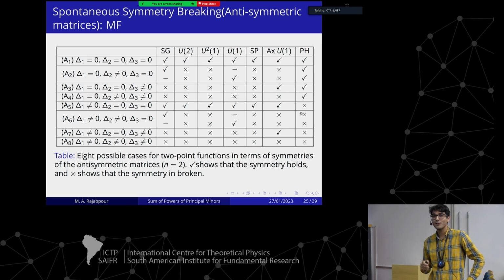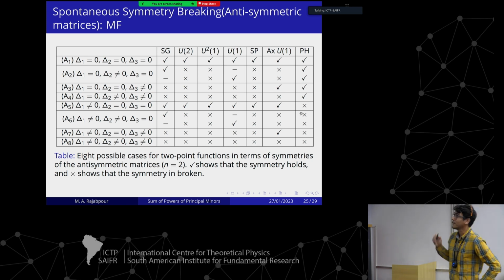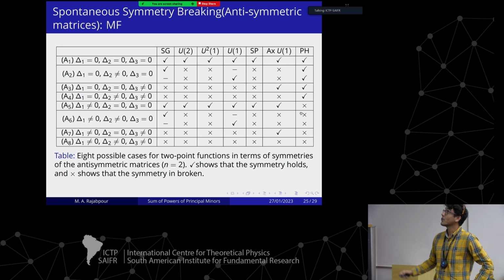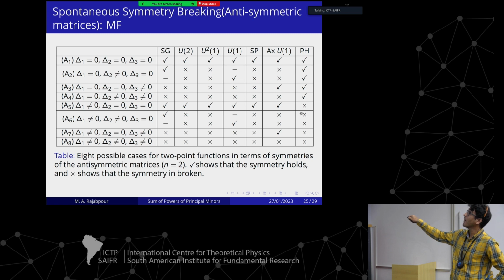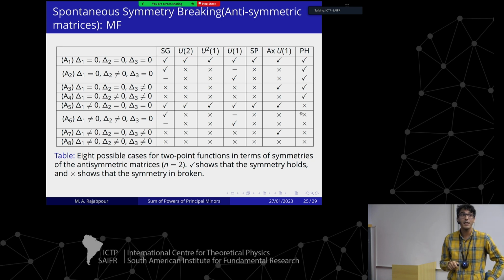I don't know why the axial U1 survives, but this is what it is. This table is for the anti-symmetric matrices, because in the case of the Ising chain, the matrix that I have ends up being an anti-symmetric matrix.